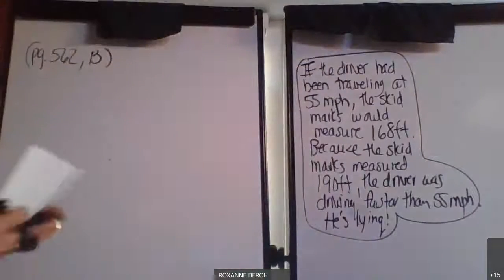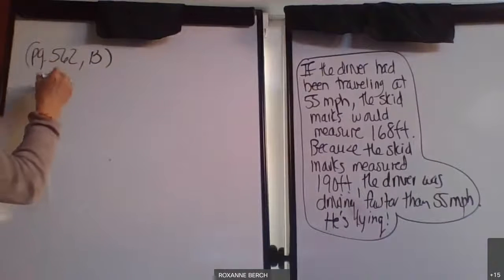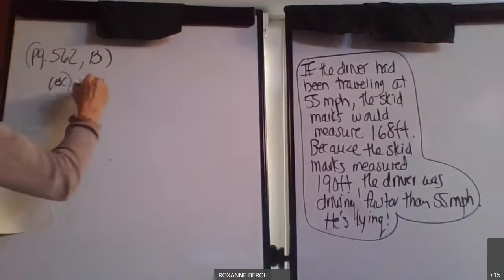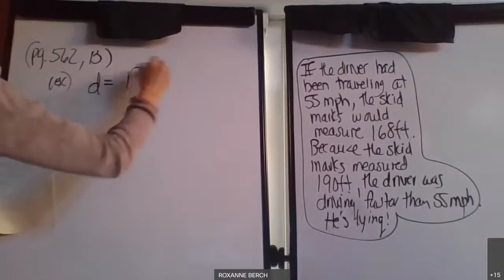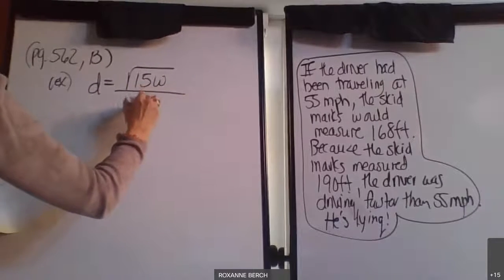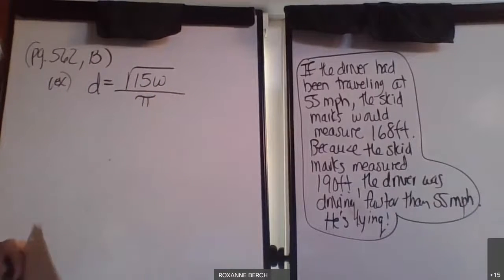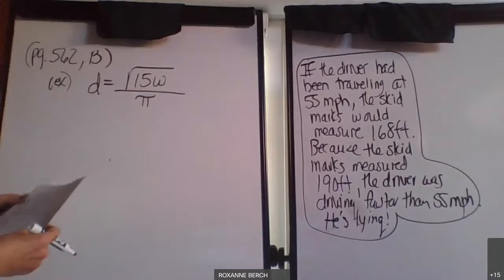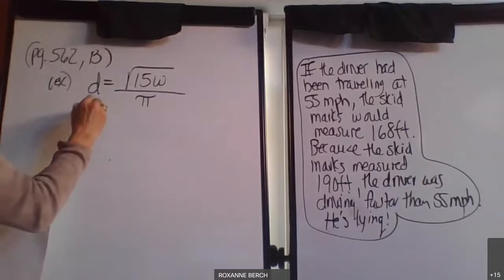All right, so here's the formula. Pi is just a number, right? What's D in this problem? One. The diameter of the rope, right? And we're finding W, correct?